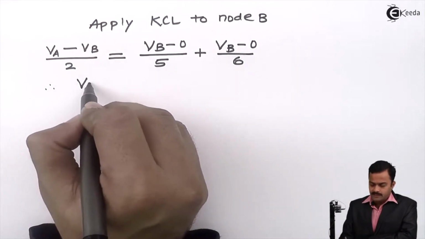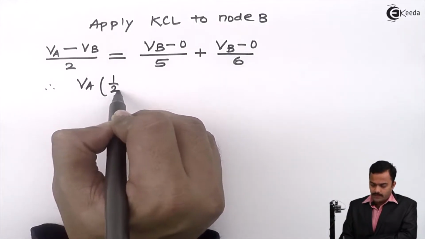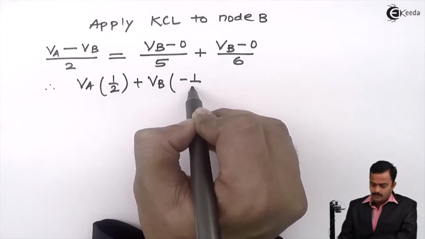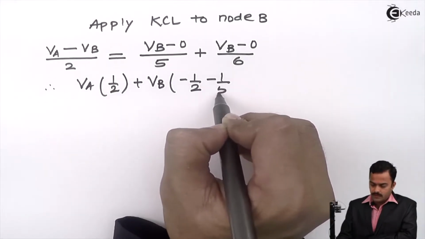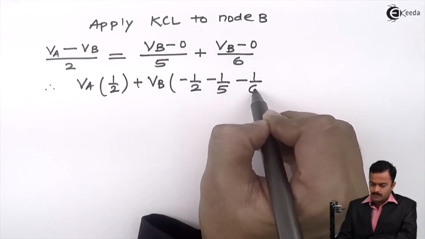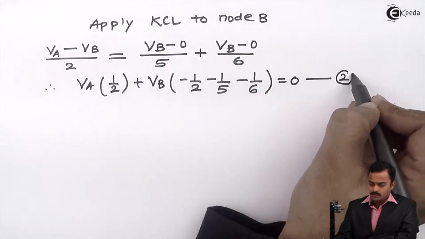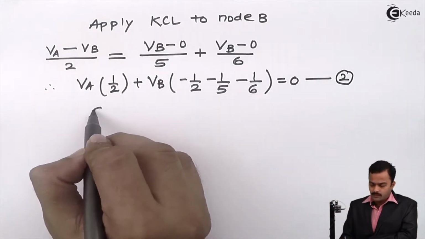So after rearranging the terms, I will get VA times 1 by 2 plus VB times (minus 1 by 2 minus 1 by 5 minus 1 by 6) equal to 0, equation number 2. Let's solve equations 1 and 2.